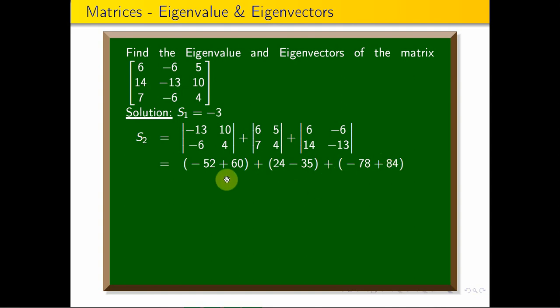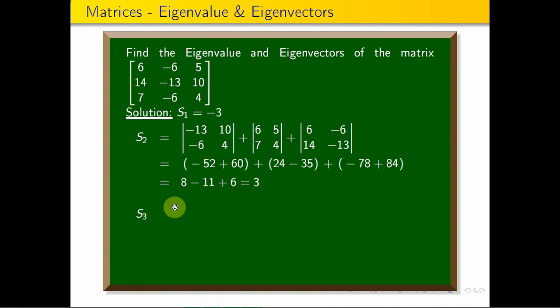Now simplify this: it is minus 52 plus 60 which is 8, then minus 11, plus 84 minus 78 which is 6. So 14 minus 11 we get 3.